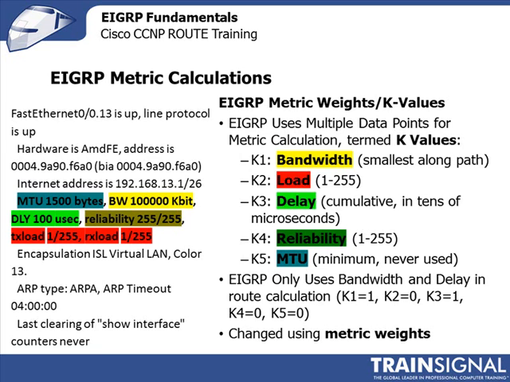So K1 is bandwidth, sometimes referred to as constrained bandwidth or smallest bandwidth. It's actually the smallest bandwidth along the route to a particular subnet or network. So if it's 100 megabits all the way and there's one segment that's 64K, it's the 64K that'll be calculated because it's the smallest bandwidth along the path. At first glance, you may think that makes no sense, and why not look at everything all the way through?